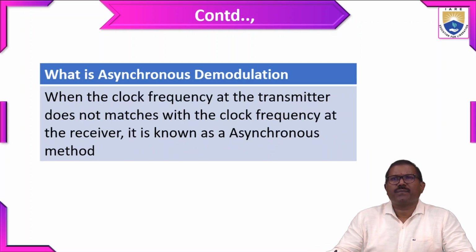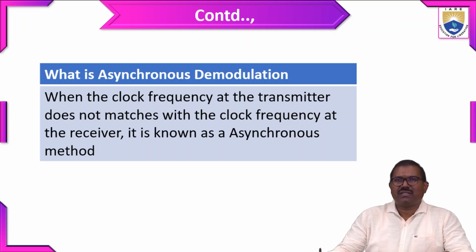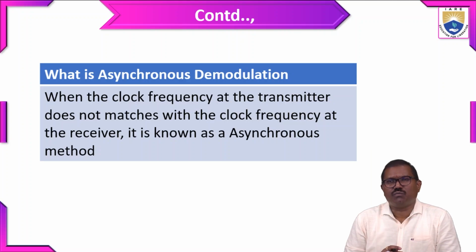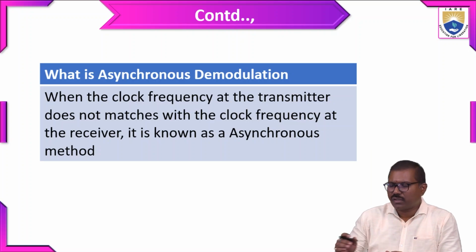What is asynchronous demodulation? When the clock frequency at the transmitter doesn't match the clock frequency at the receiver, it is known as asynchronous. If the frequency matches at both transmitter and receiver, we call it synchronous; if it doesn't match, we call it asynchronous.